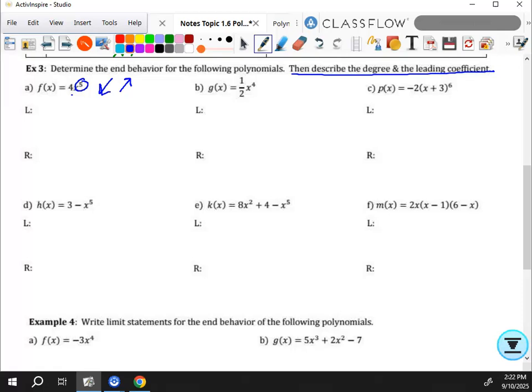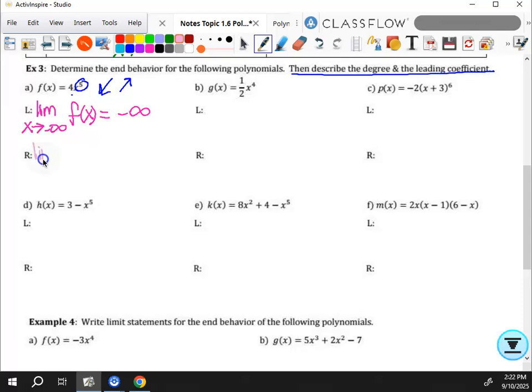We can write our limit statements, where L and R are left and right. So the limit as x approaches negative infinity of f of x equals, what is that one going to equal? Negative infinity, because we just drew ourselves a little picture, right?